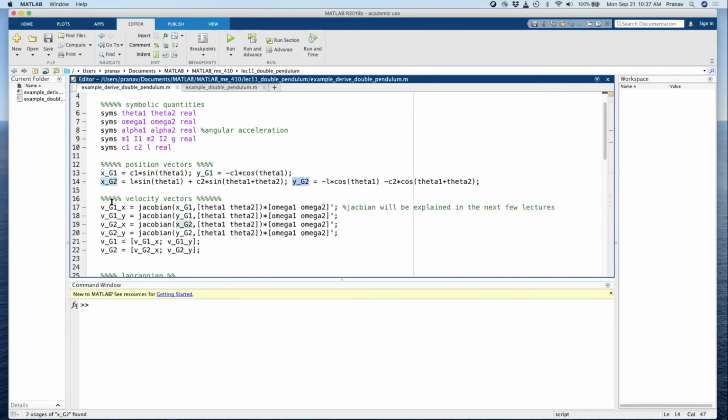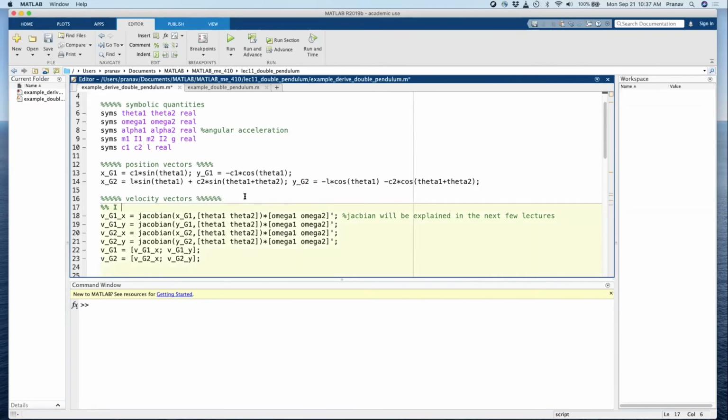Okay. Now for the velocity, I used a different formula. It's called a Jacobian. I used Jacobian instead of diff, but bear with me. I'll show you what a Jacobian does in the next lecture, hopefully, or even this lecture if you're able to finish this.